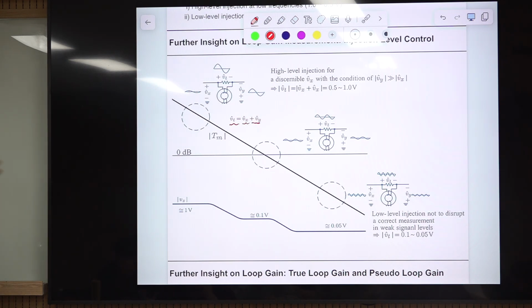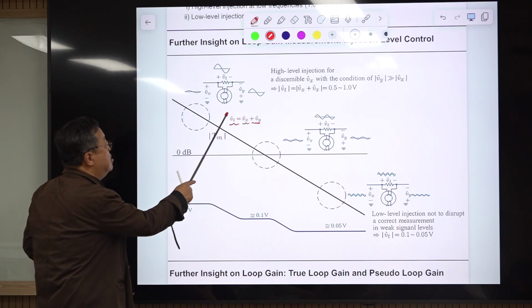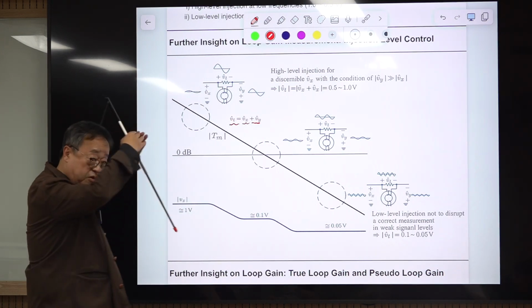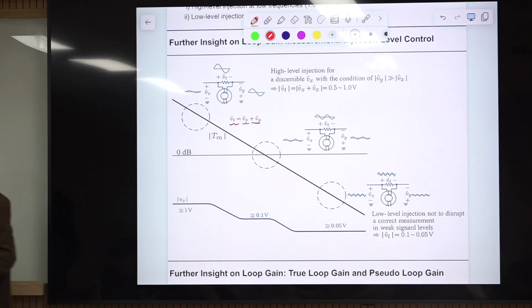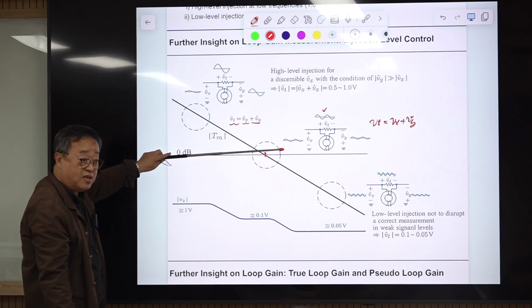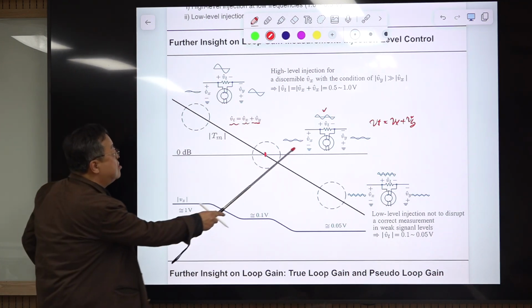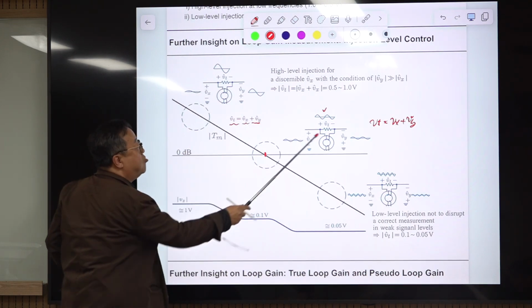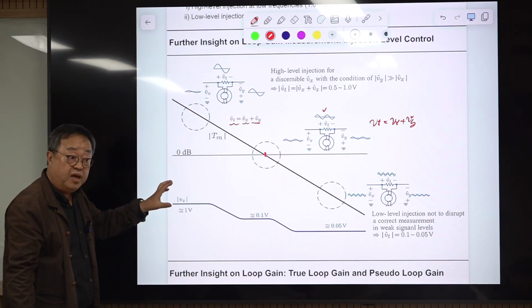Maybe I'll omit the hat sometimes because you understand. And this is the injection signal, VT hat. Again, VT is Vx plus Vy. This is the 0 dB crossover frequency. That means the magnitude of the loop gain is 1, that is 0 dB. That means the ratio between Vx and Vy is the same.